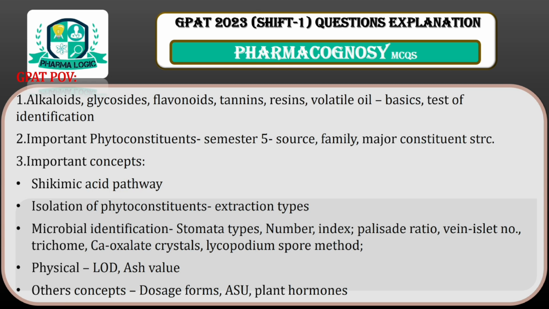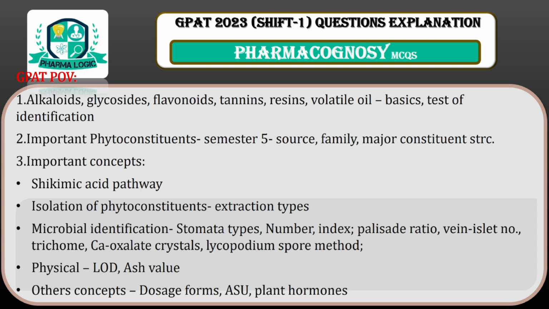In pharmacognosy, you always get direct questions where you can get full marks. First, you have to cover alkaloids, glycosides, flavonoids, tannins, resins, volatile oil. Their basics and their tests of identification are very important. Second thing, you have to cover the source, family, and major constituents of the plants, which you have already read in semester 5 only. No need to cover other important plants also.